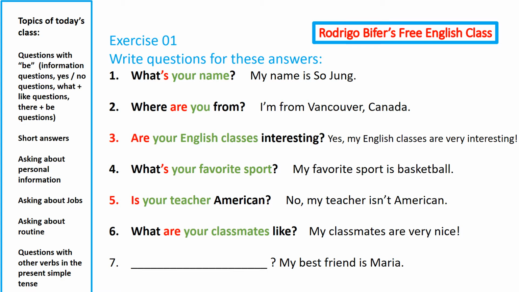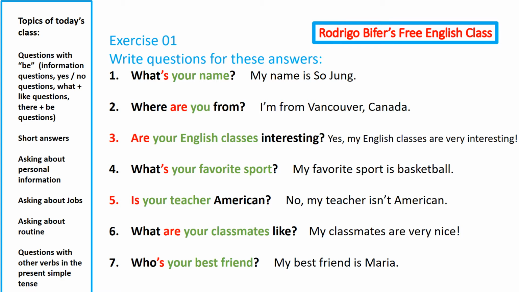All right, let's go to number 7. My best friend is Maria. Maria is a person. We're asking a question about a person. What is the question word for people? The question word for people is who. So the question is, who's your best friend? And that's an information question.